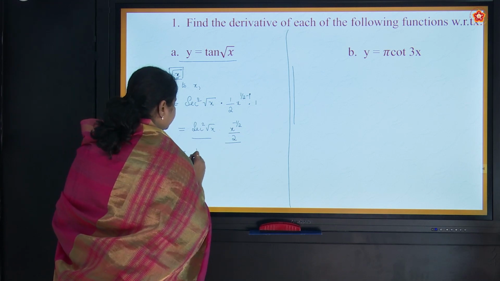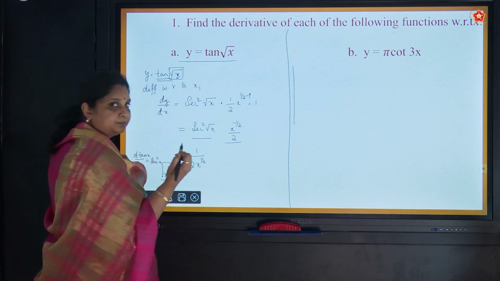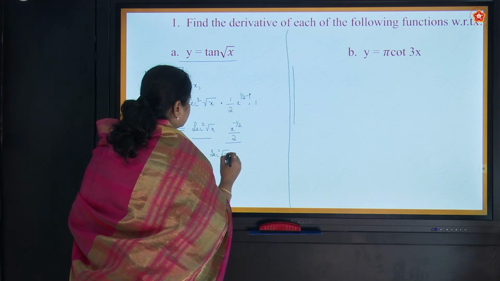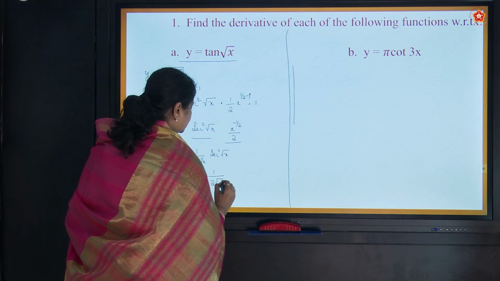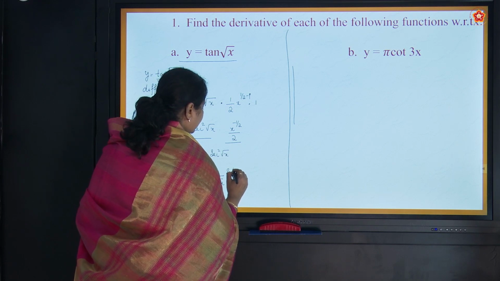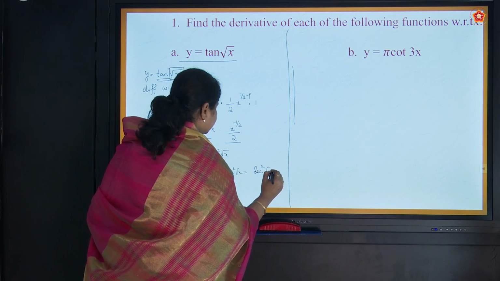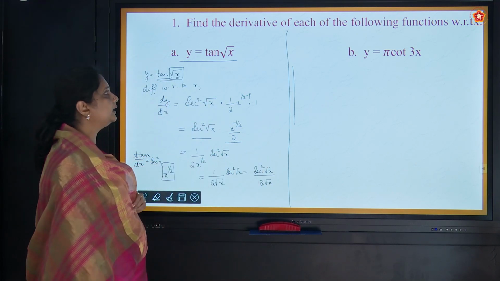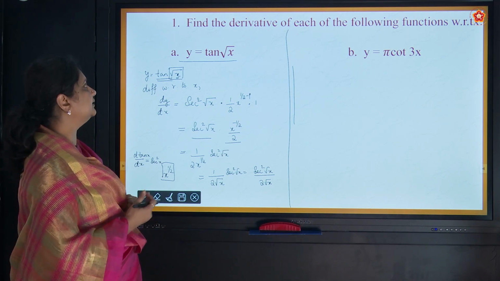So we'll bring the x to the denominator to make the power positive, and then write the trigonometric function. So this can be rewritten as 1 by 2 root x secant square root x, or secant square root x by 2 root x.